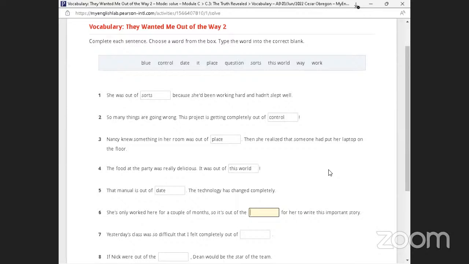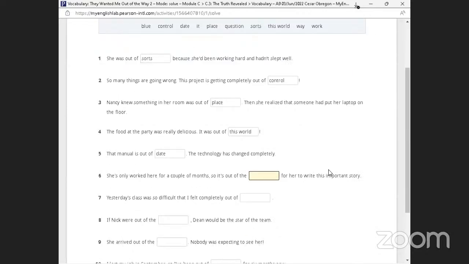Number 6: she's only worked here for a couple of months, so it's out of the question for her to write this important story. Number 7: yesterday's class was so difficult that I felt completely out of it.